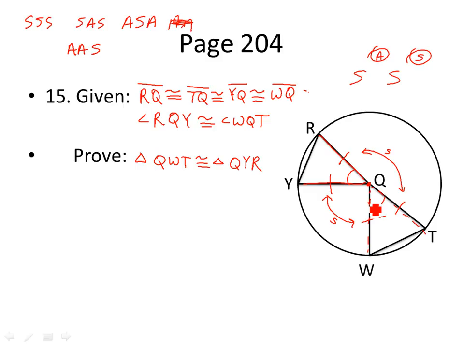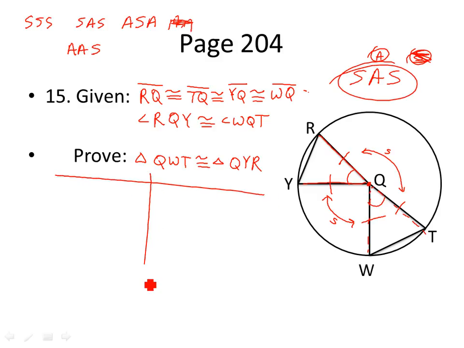Is it? Yeah. So it's angled between them. That means we're not using that one. So can we prove these 2 triangles are congruent? Yeah, by using what? Side angle side. So we should be able to come over here and write our 2-column proof now.